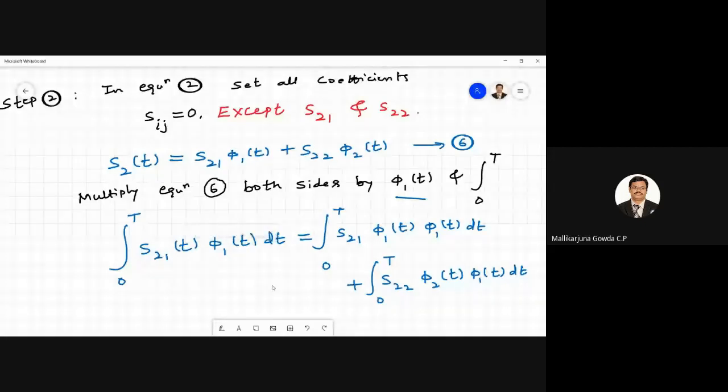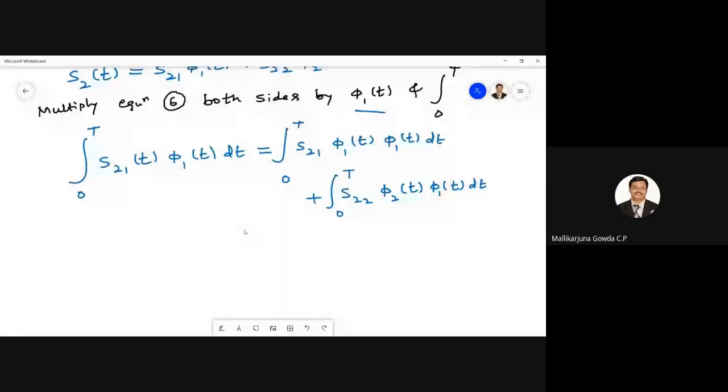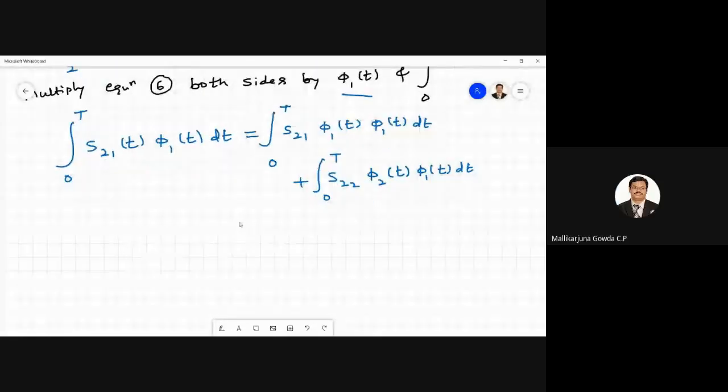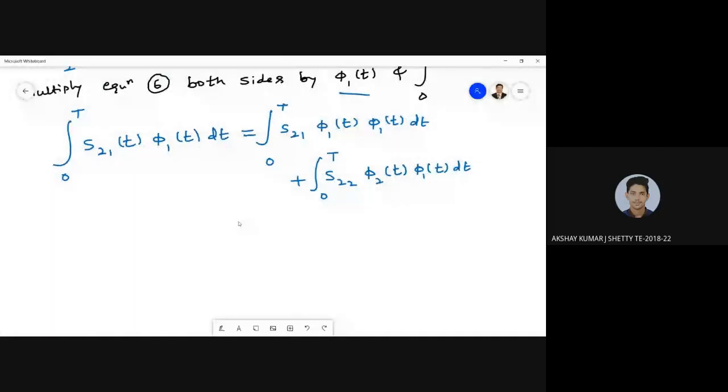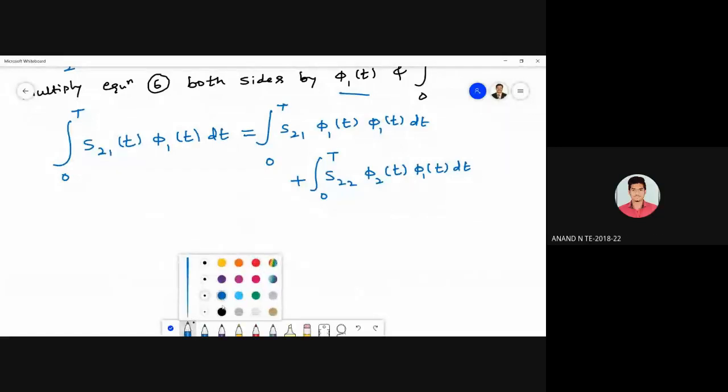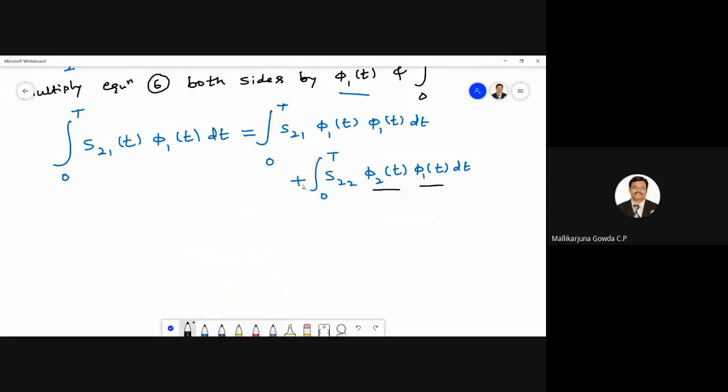The last term becomes 0, because of the orthonormal basis property. They are orthogonal to each other, pi 1 of t and pi 2 of t. Since i is not equal to j, this term will become 0.